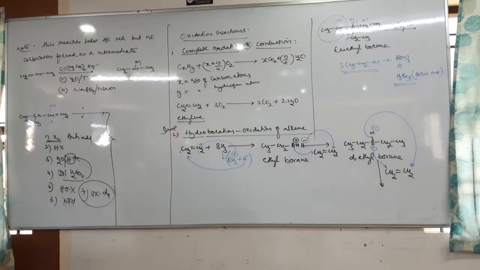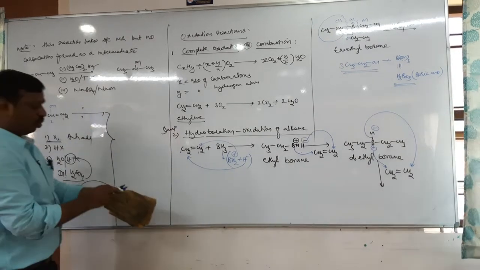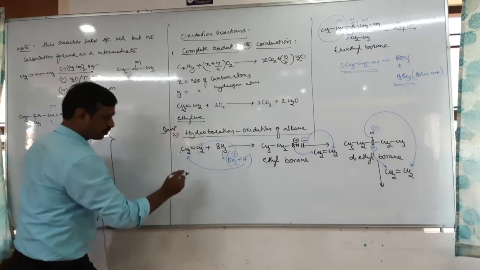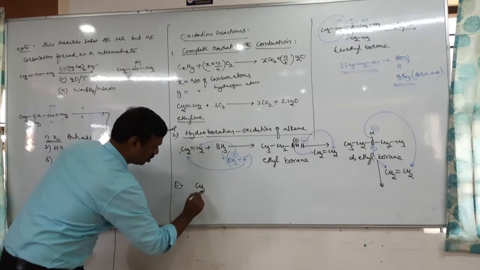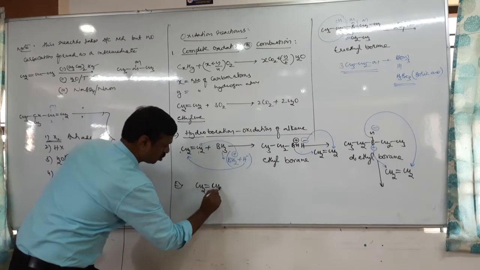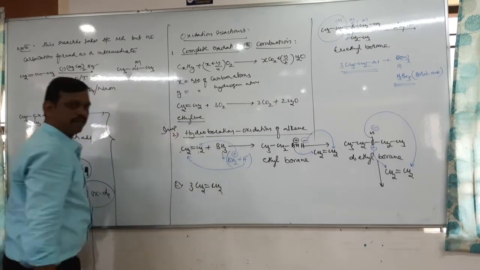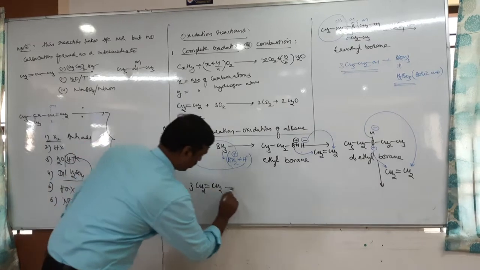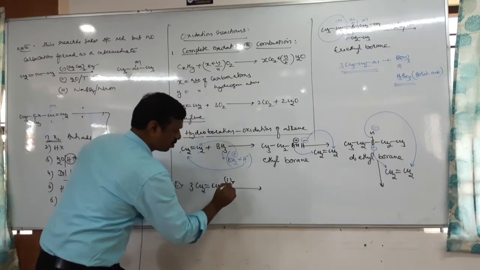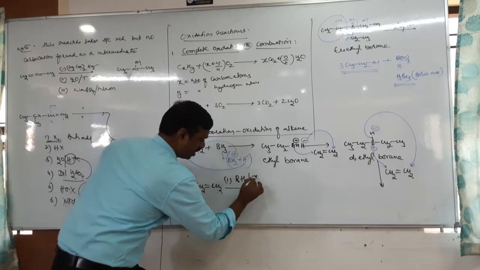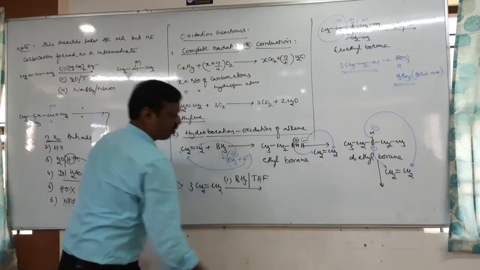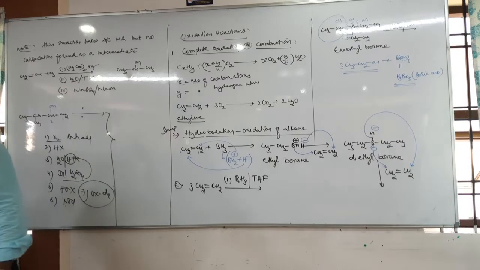So now tell me, this whole equation I will write in one step. CH2 double bond CH2, how many moles? 3 moles. Now there are two reagents. First one is BH3. This reaction takes place in the presence of tetrahydrofuran, THF.